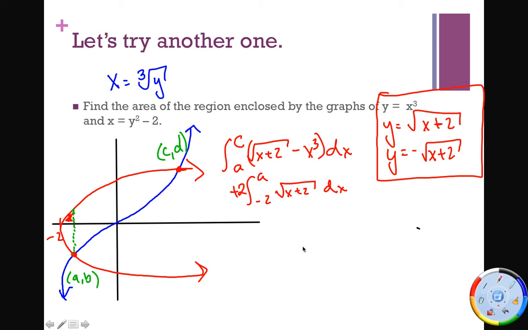So we would say the integral of the cube root of y minus y squared minus 2 dy. But then you have to pay attention to your limits of integration. In this case, b is my smaller number in the y direction, so it's got to go from b to d in the y direction.